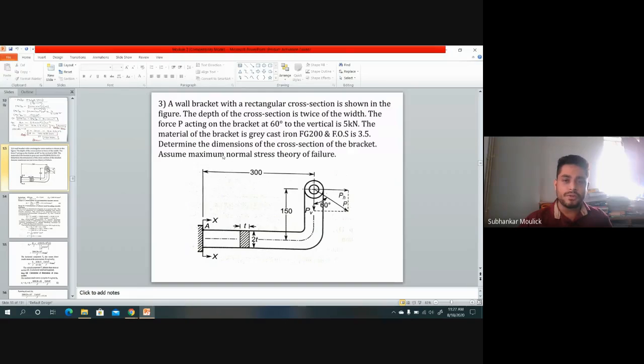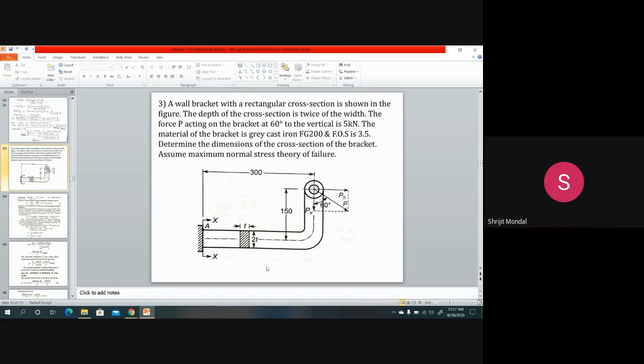You have to solve this problem by the maximum normal stress theory of failure, and this is the bracket given in the diagram. Is the question clear? Yes, sir, it is clear.